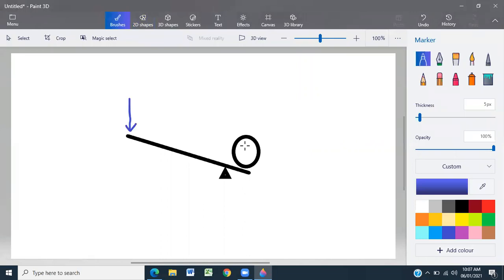And the weight of this mass that we were trying to lift was about 4 kg. Let's use the gravitational constant as 10, just for simplicity's sake. So the weight here would be approximately 40 newtons.